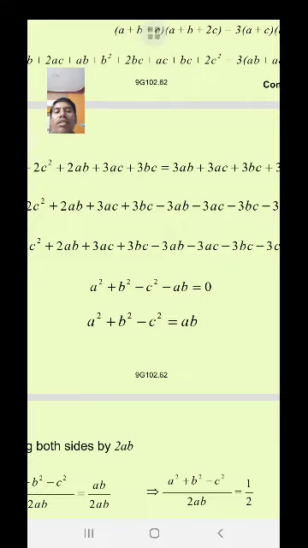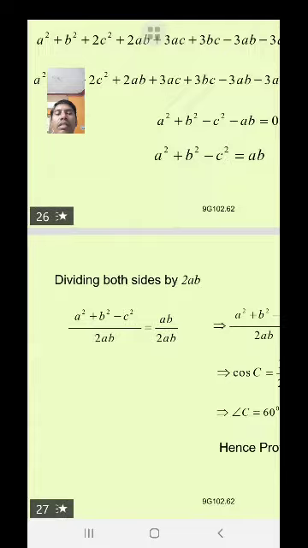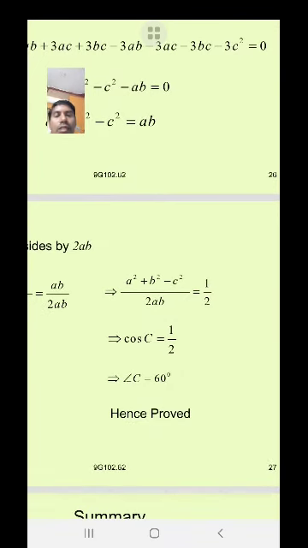If minus ab goes to the right side, it is plus ab. Dividing both sides by 2ab, the right side is 1 by 2 and the left side is in the form of cos c. So cos c equals cos 60. Cos gets cancelled, then c equals 60 degrees. Hence we proved.